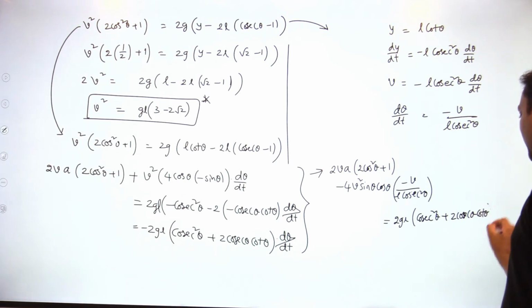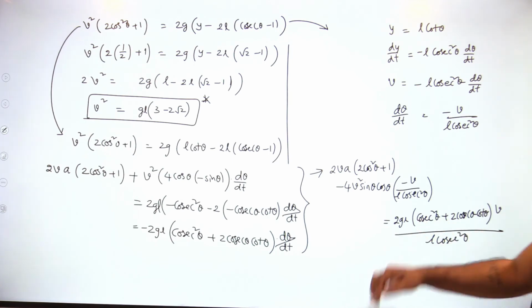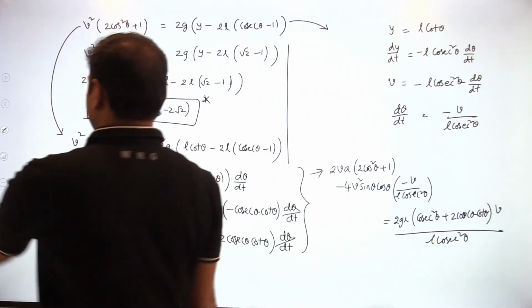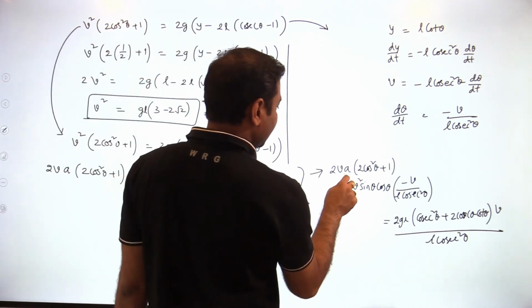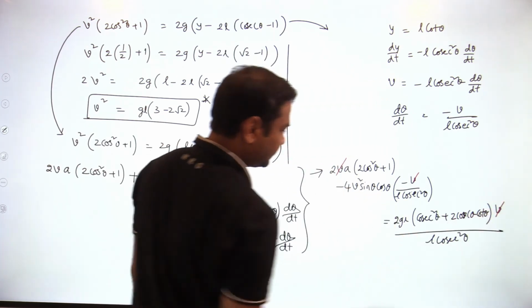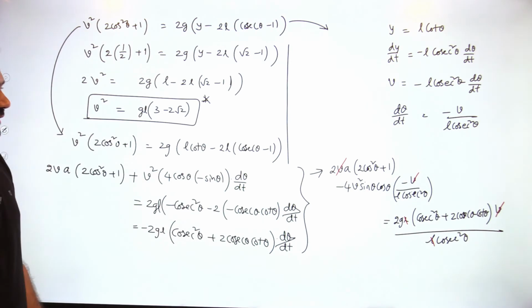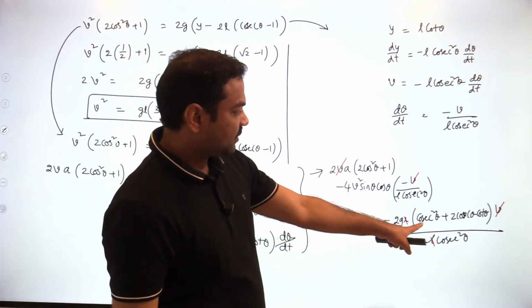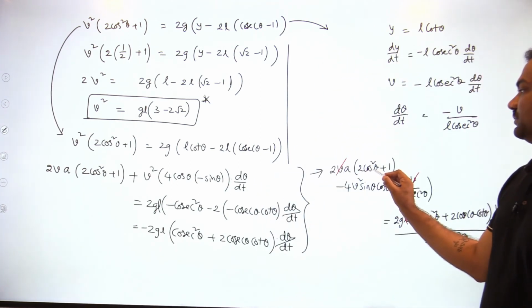Actually if you keep theta value 45 now everything goes off, don't worry. V by L cosecant square theta. Now cancel everything, cancel whatever is possible. See, first of all v will cancel out in every term, here L cancels out. Then theta is 45. If theta is 45, then cos square theta will become 1 by 2.